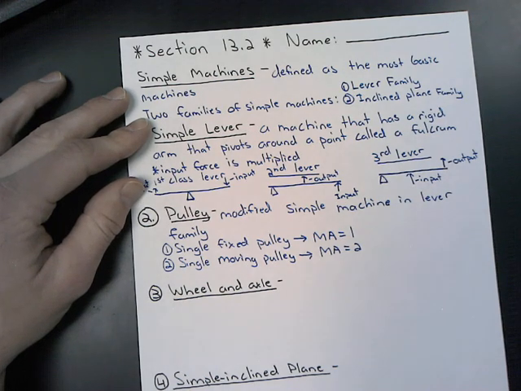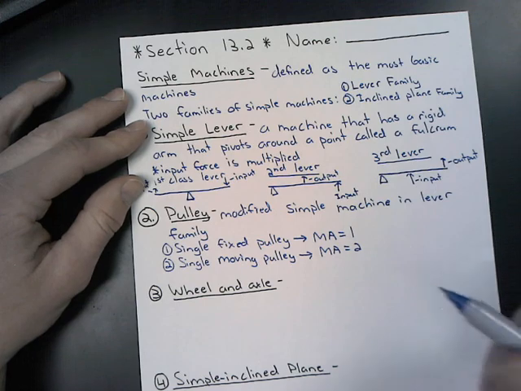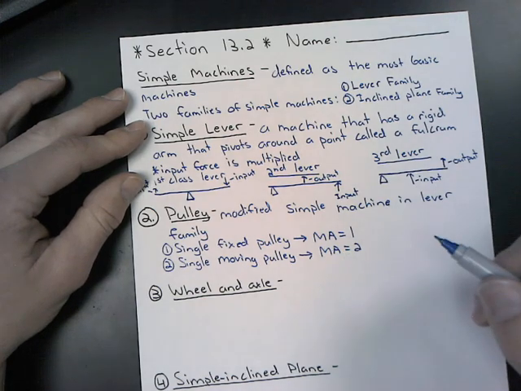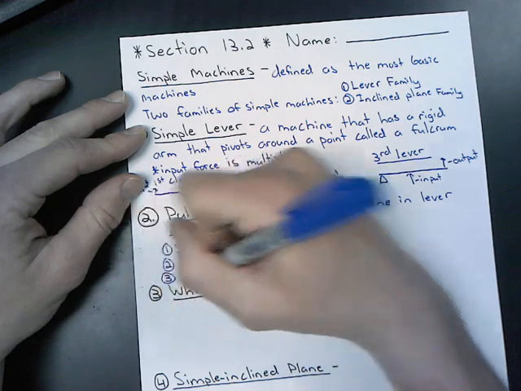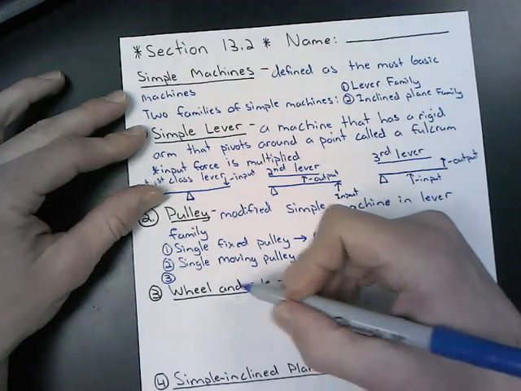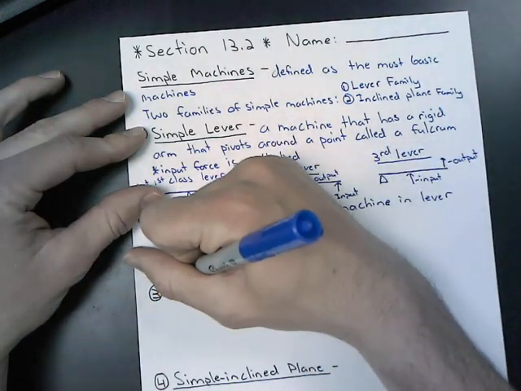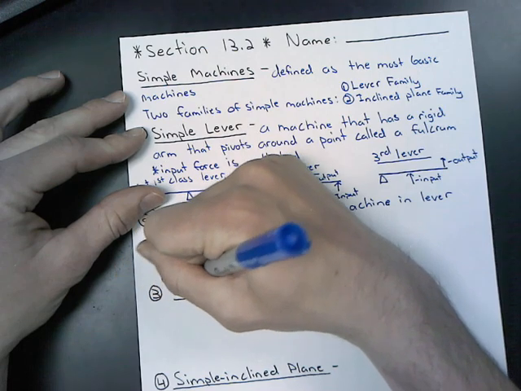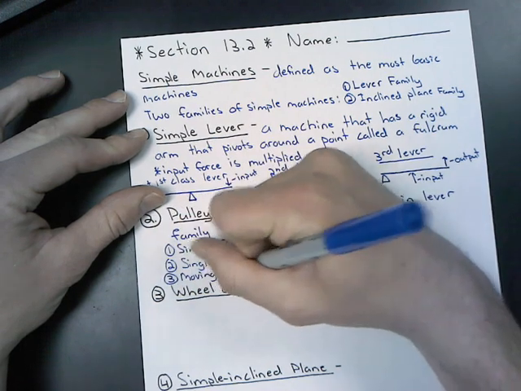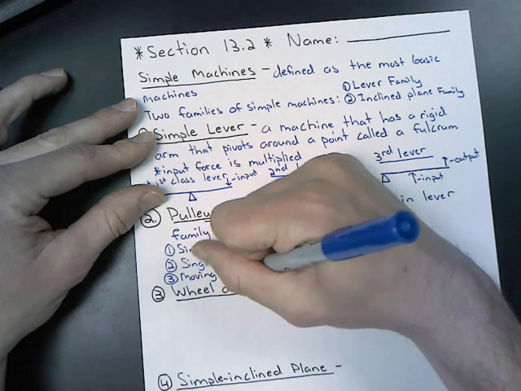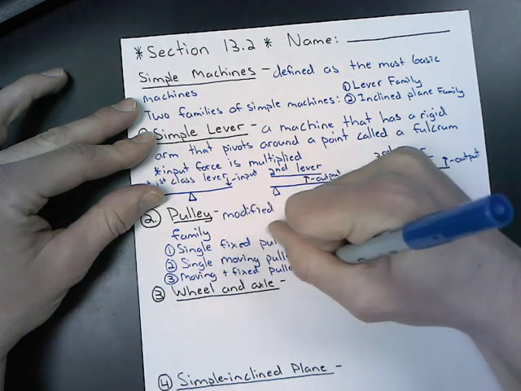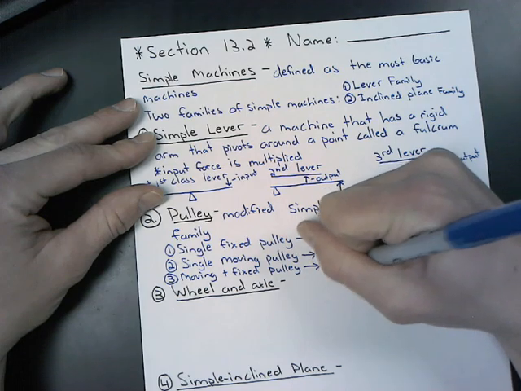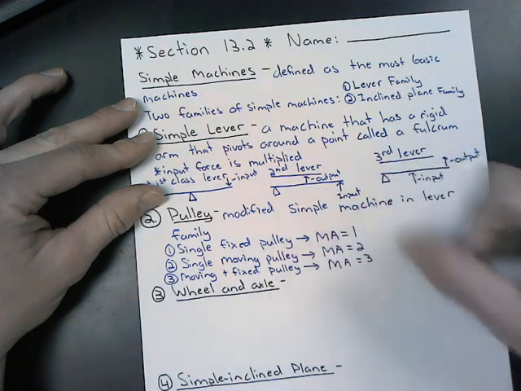And then if I have multiple pulleys, so let's say I have a fixed plus a moving pulley, just one of each, the mechanical advantage goes to 3. Again, the mechanical advantage of this last case goes to 3.